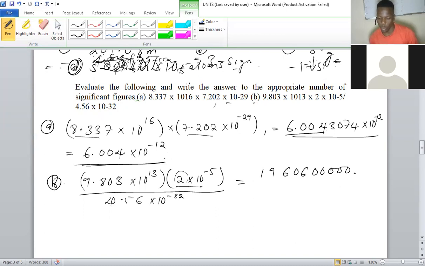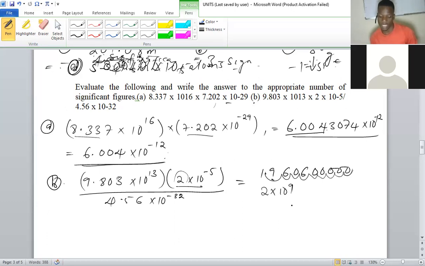So what we do is express this in scientific notation. From here we count 1, 2, 3, 4, 5, 6, 7, 8, 9. Since we want one significant figure and the number here is bigger than 4, we are going to round off, which gives 2 times 10 to the power 9.